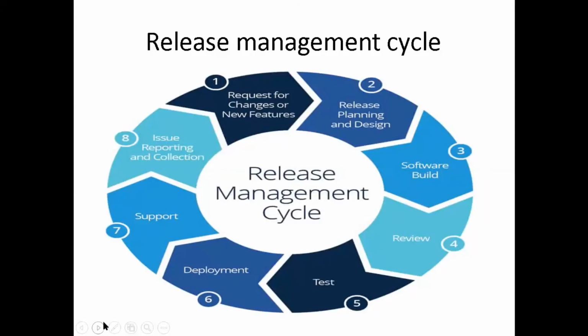It is given to the planning team, they design, they give a software build, it is reviewed, it is tested, it is deployed, then you give support to it. When you give support, some error happens, you issue a report, and again the issue comes as a new request, and you go about. This cycle goes on until the software ceases to exist.